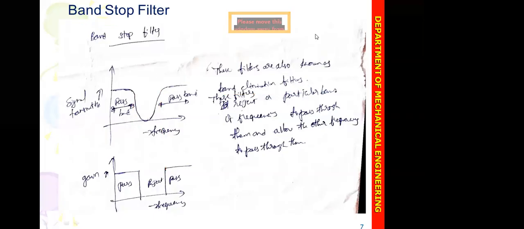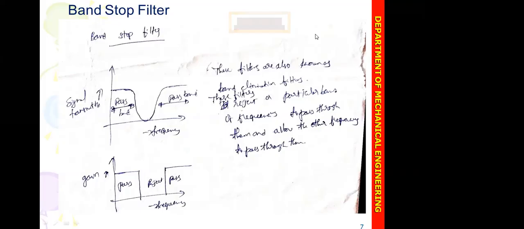Again, I'm repeating. Low pass filter means it allows only low frequencies from a signal, from 0 up to a certain level, that is up to the cutoff frequency. Frequencies above the cutoff frequency are eliminated. High pass filter allows only the high frequencies from a signal, up to infinity, and all the low frequencies are eliminated.